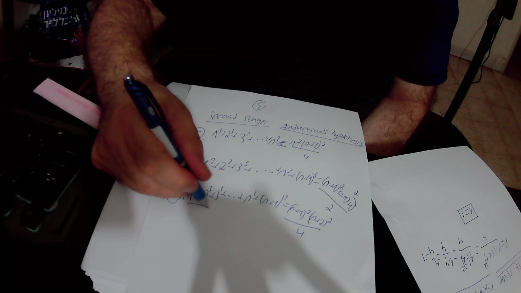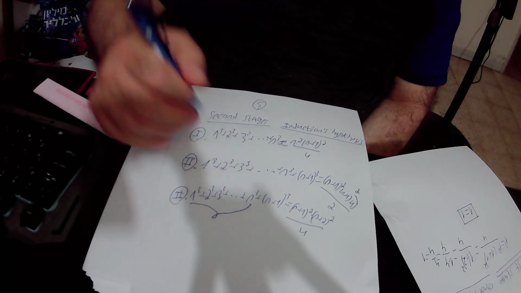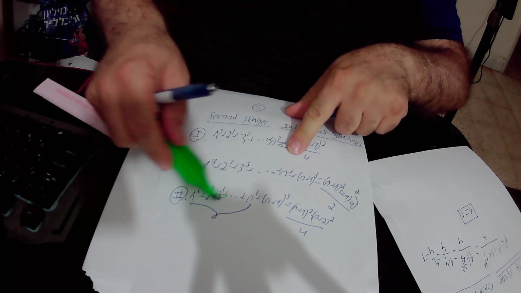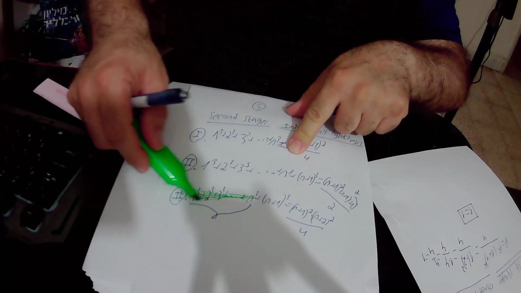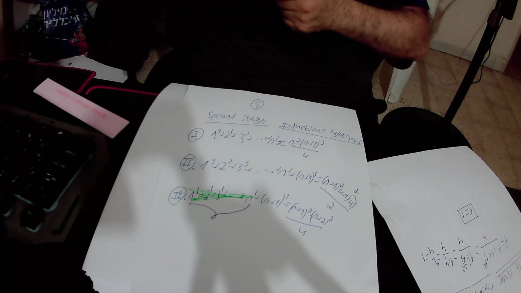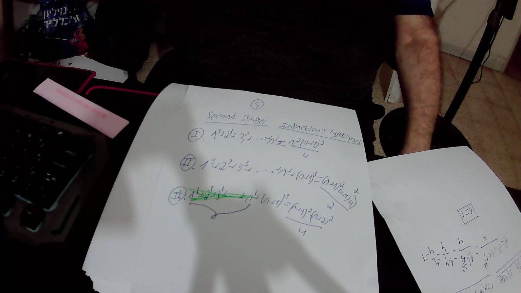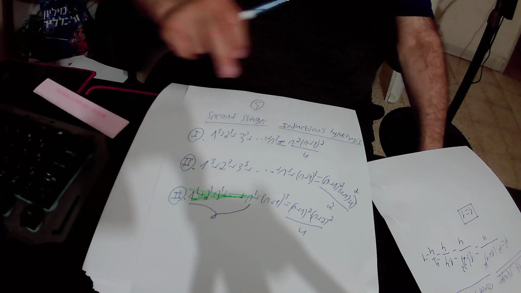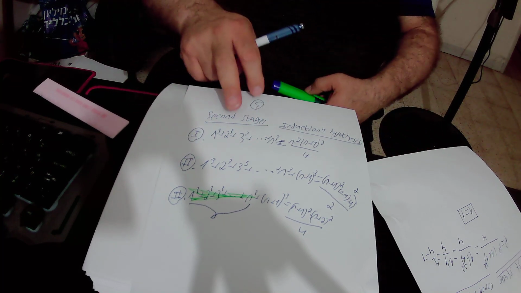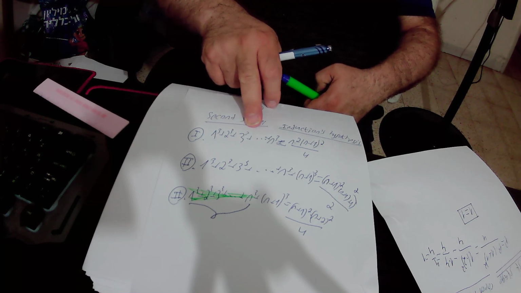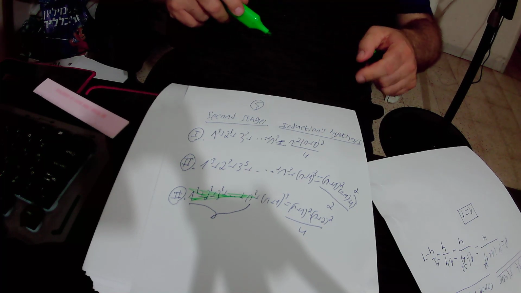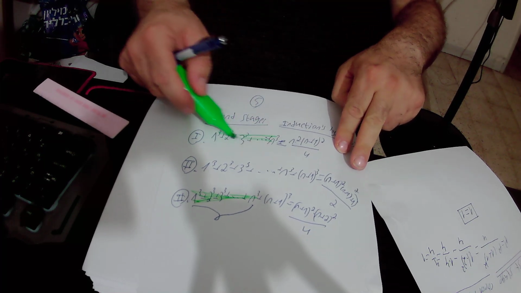We should look on this expression in the green color. We have 1 to the power of 3 plus 2 to the power of 3 plus 3 to the power of 3 plus n to the power of 3, and this expression is identical to this expression. It is also 1 to the power of 3 plus 2 to the power of 3 plus 3 to the power of 3 plus n to the power of 3, and they are identical.